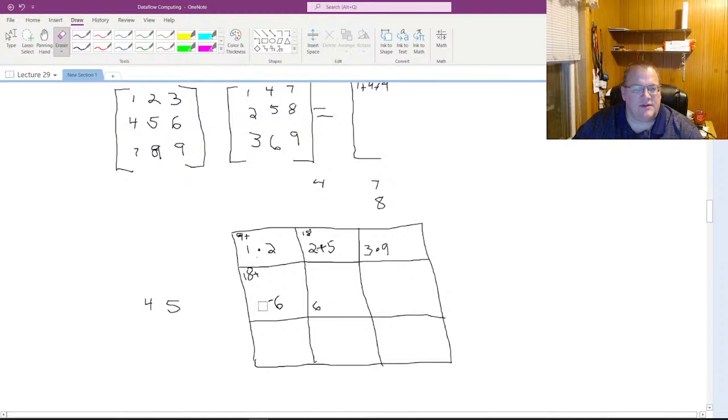But then this should get a 2, and this gets a 3, and then this times by 6, and this times by 5. And then down here I have a 9 that goes in there, and a 7, and an 8 here waiting to go in.